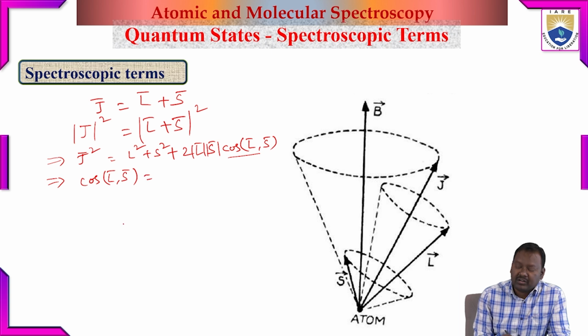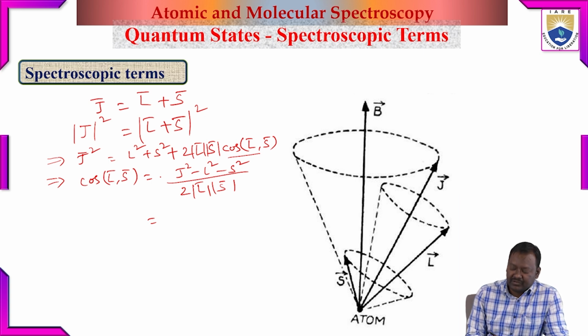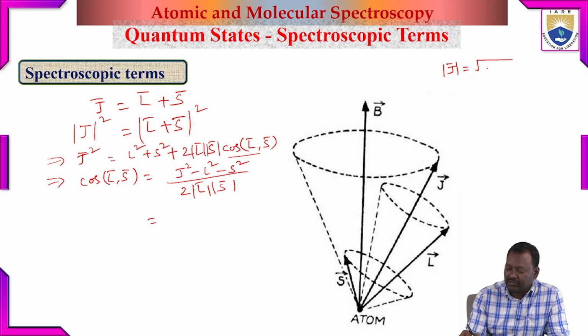L bar dot S bar equals J square minus L square minus S square by 2 into L and S. The magnitude of J bar, as we have already calculated, given the value of J, equals square root of J into J plus 1 times h by 2 pi.